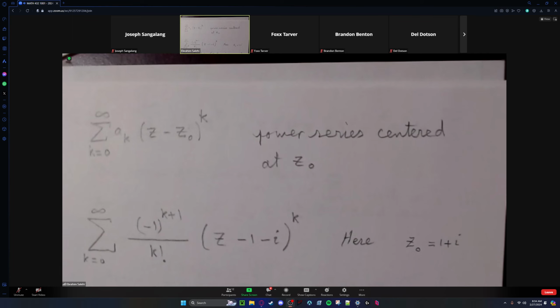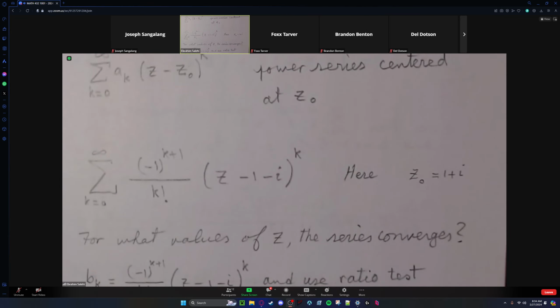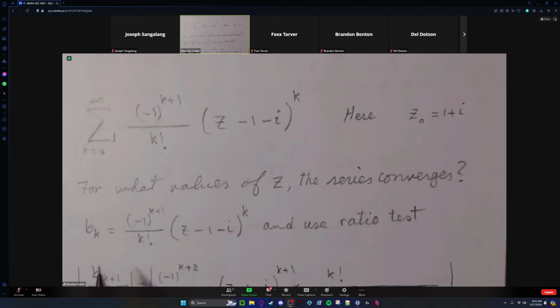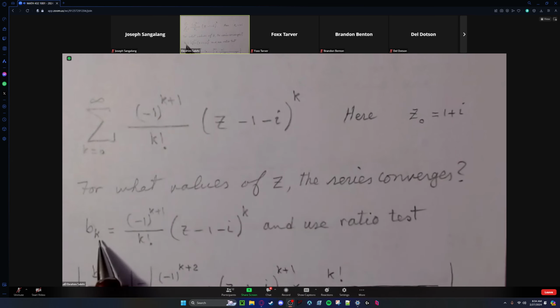The main tools that we have in dealing with power series for the time being is the generalized ratio test. For example, here, if you call the whole thing B sub k, this is the series, call the whole thing B sub k.